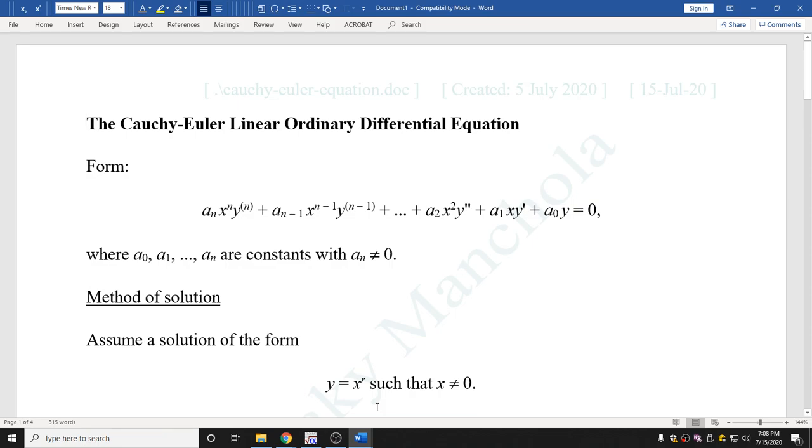In this video, we're going to present the Cauchy-Euler linear ordinary differential equation. So let's begin with the form.